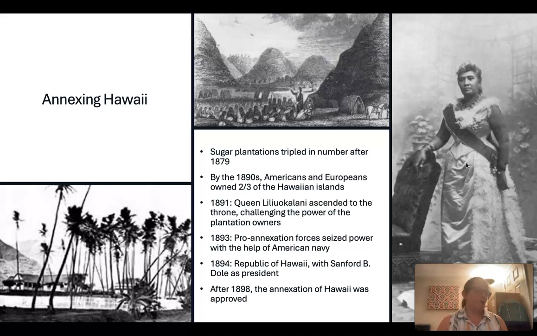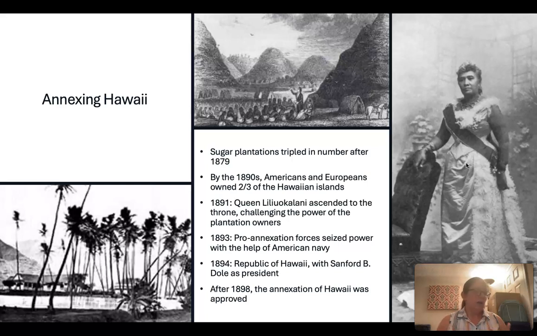These missionaries also brought in American ideas about property ownership. And so as a result, Europeans and Americans begin to acquire large amounts of land on the Hawaiian Islands. And they realize that they can make huge profits growing sugar and tropical fruits.